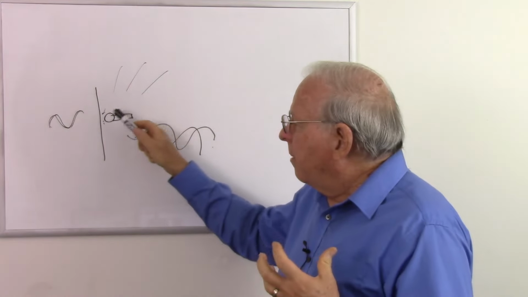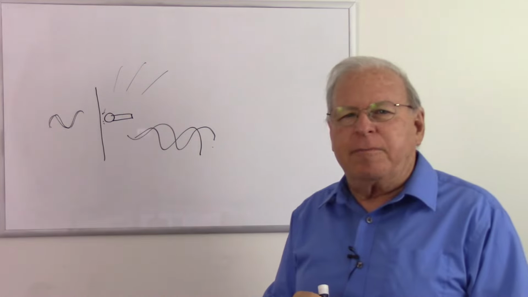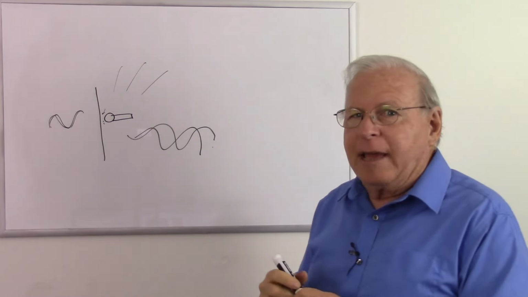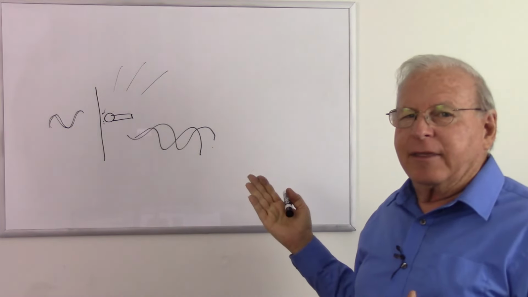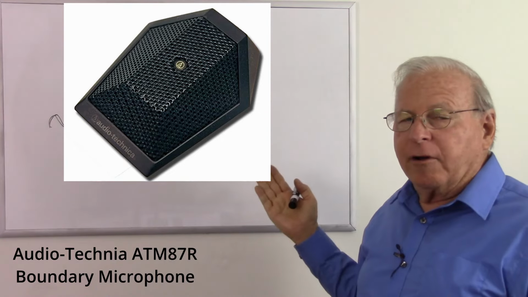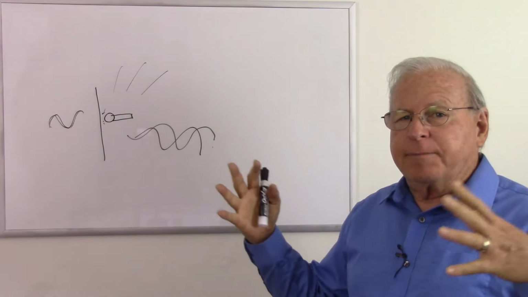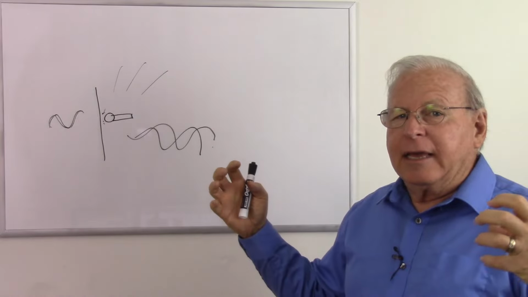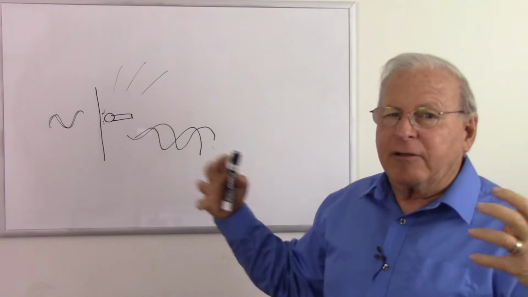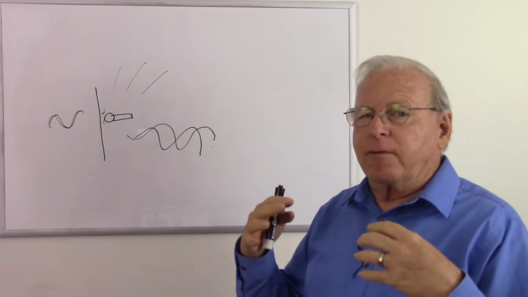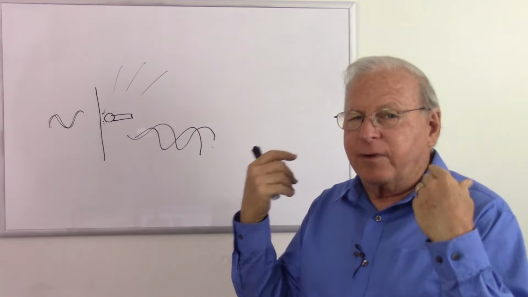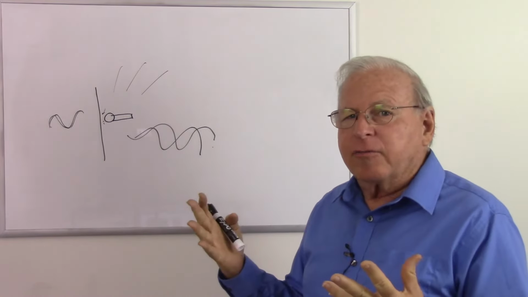And so probably the most common place you might see these would be in a conference room. So there's a table and there's a microphone that looks something like this. Here is an actual boundary microphone, and that's put on the table. And the sounds are picked up of the people around, but it's not picking up the bouncing off the sides of the room and such that ruins the sound for our ears. If we try to listen on a microphone, it sounds much more natural.